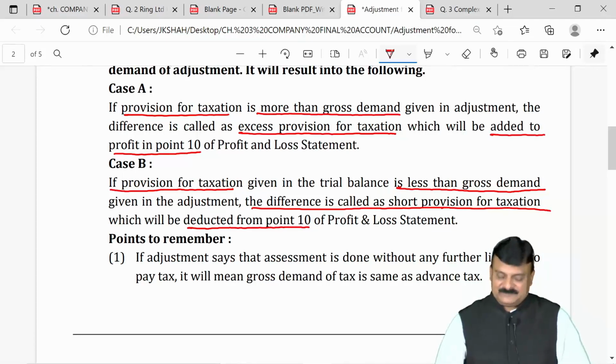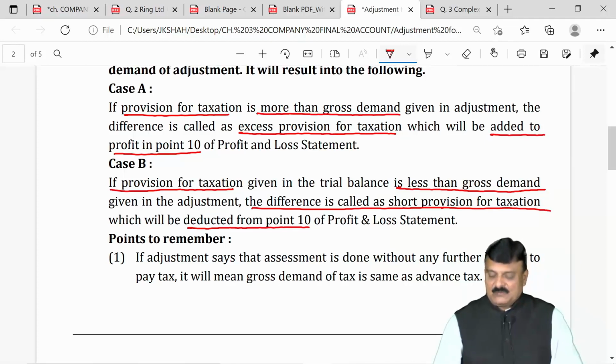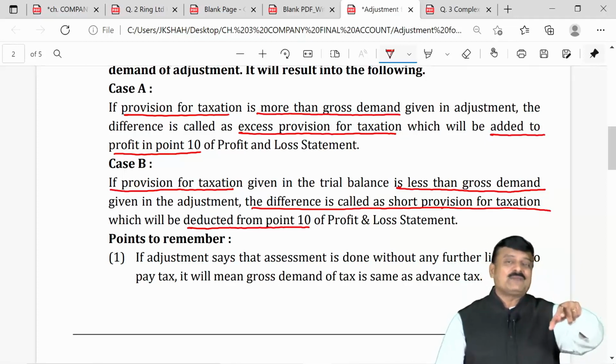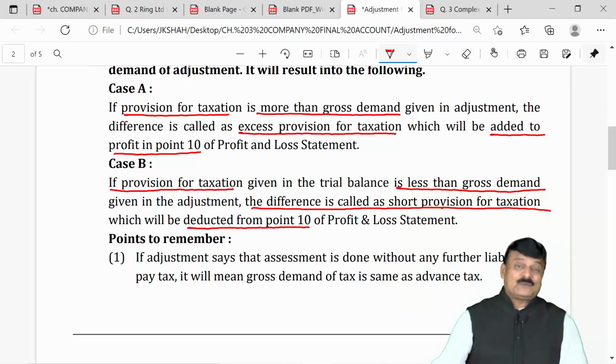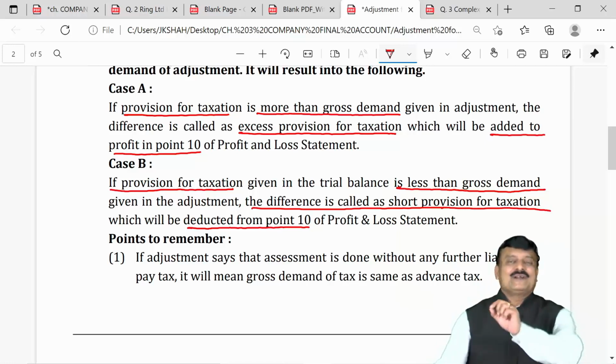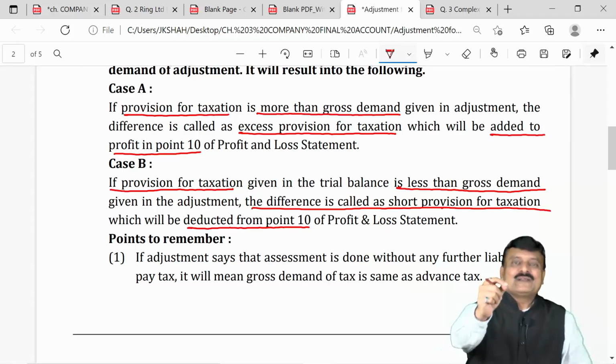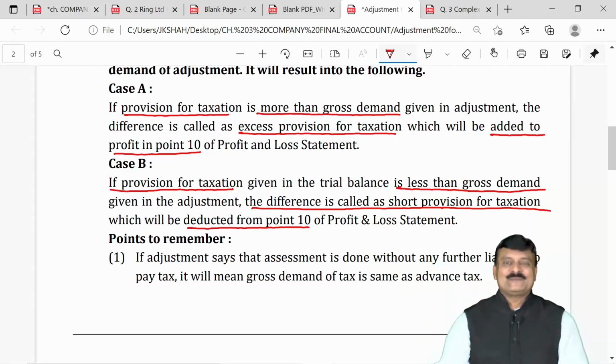Points to remember. If adjustment says that assessment is done without any further liability to pay tax. See, in our question they have given you that tax liability is 1,50,000. But sometimes, to twist you, they will say assessment for this year is completed with no further liability to pay tax.